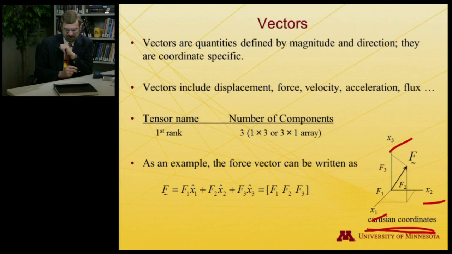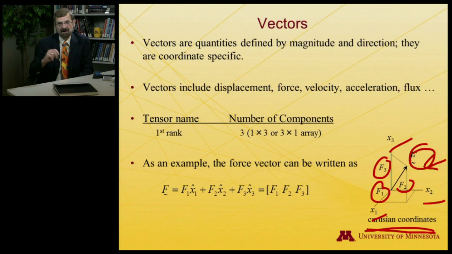And we can look at force as a vector. I've drawn it here on top of my Cartesian coordinate system. Here's the force vector over here, and we can break it down into components F1, F2, and F3, which are the projections of that force onto three mutually orthogonal coordinates. And we can write that force in many ways. The way I like to show forces, I write the F for force, and I put a little tilde underneath to indicate that it's a vector.